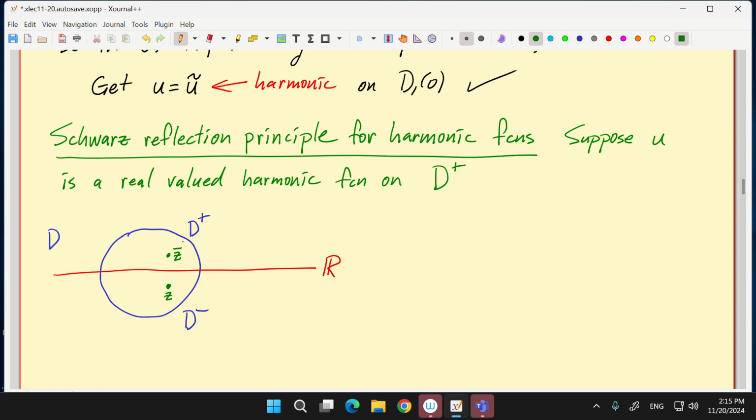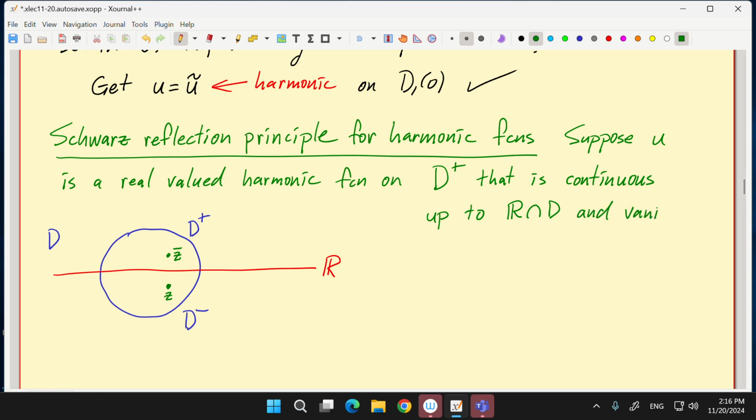So it's a real valued harmonic function on D plus that is continuous up to R, I guess I mean by R intersect D, the whole disk, and it vanishes on that part.